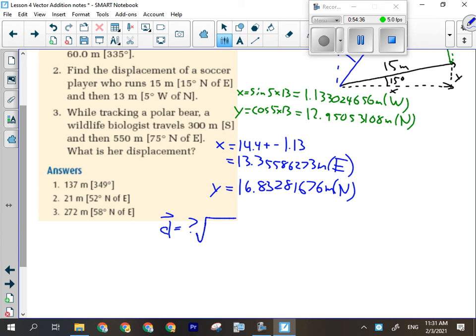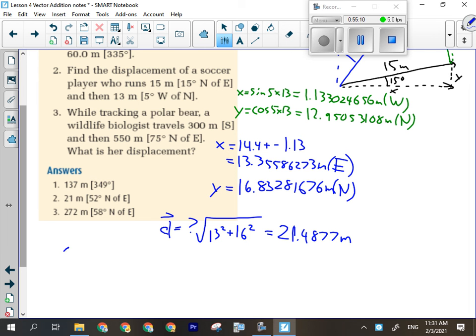Okay, so D is going to be x squared plus y squared, so 13.3 squared plus 16.8 squared, with all the decimals. All right, so we're looking at 21.4877 meters, and that is, well, we don't know the direction of that yet. Okay, we just know that's the magnitude, right?